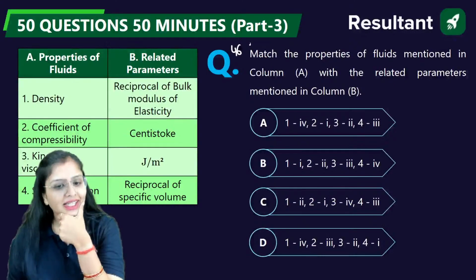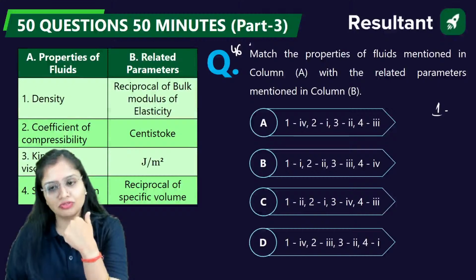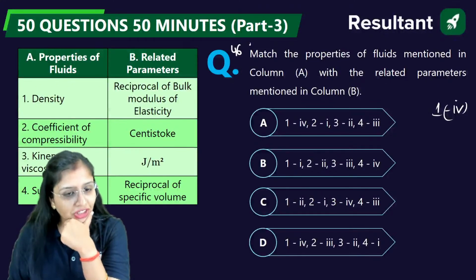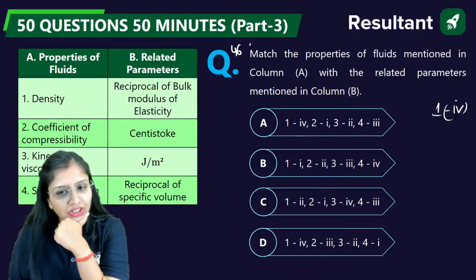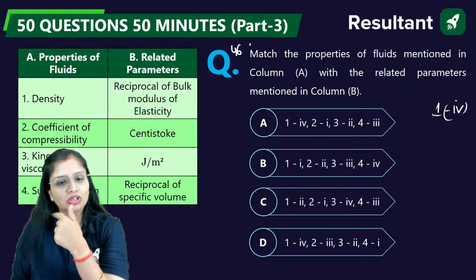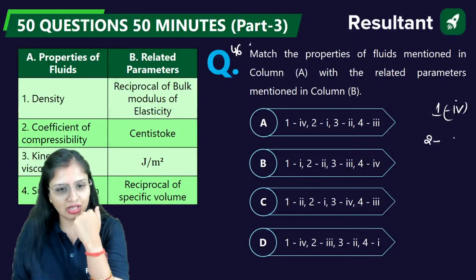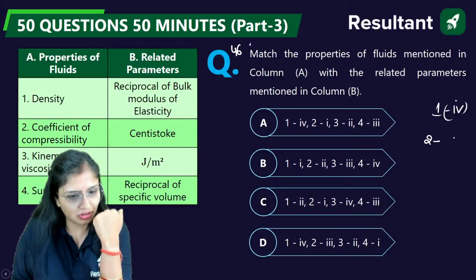Come on. Density is just the opposite of specific volume. So first it is 4. Coefficient of compressibility, that is the reciprocal of what? Bulk modulus, that is K. Actually, this should be marked here, which is not written. Just wait.